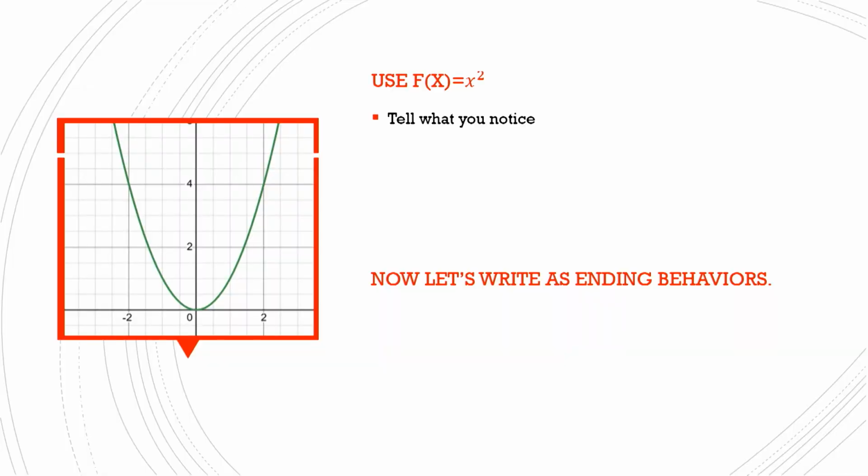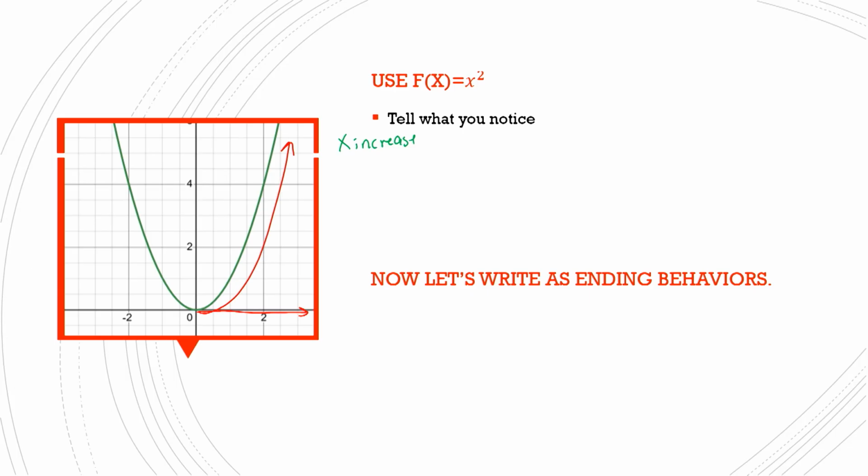All right, so let's look at this. Use f of x equals x squared. Tell what you notice. Now we're going to write those ending behaviors. So first, let's see what we notice. As I start at my y-axis, I notice as my x's increase in value, what do my y's do? Let's do red. As my x's grow larger, so do my y values.